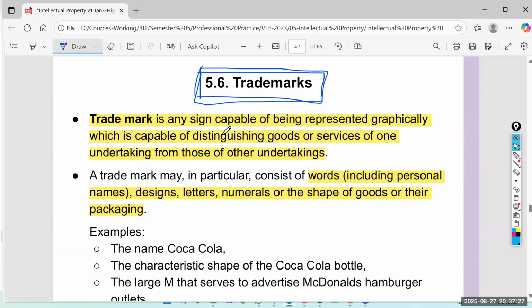So when someone builds a business, you put up a lot of effort and money to build that image. So that is why business organizations' names are considered trademarks. You can't register a company saying Google, Microsoft. And products can also be trademarks.